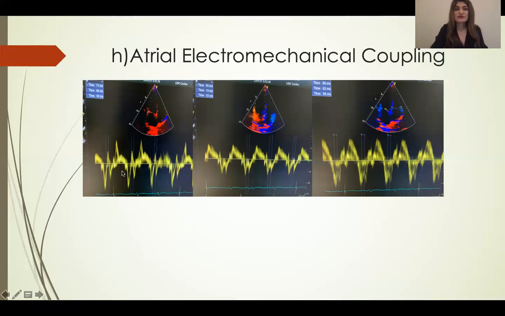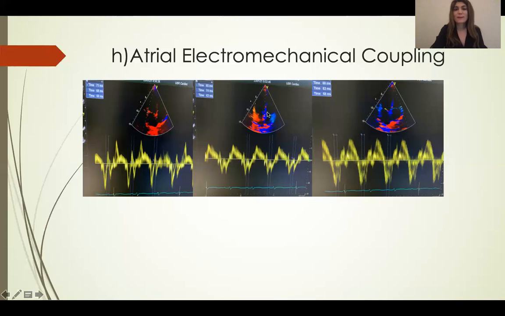We measure the time from the beginning of the P wave to the A prime wave. This time is measured from both the lateral mitral annulus and tricuspid valve annulus, and the difference between those measurements is called interatrial mechanical delay.